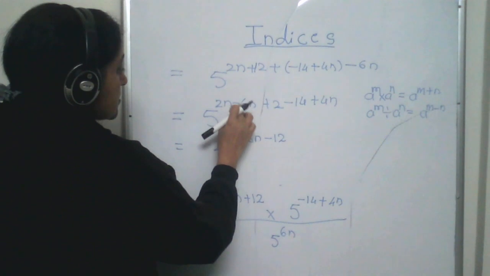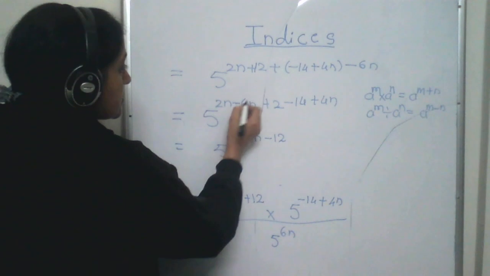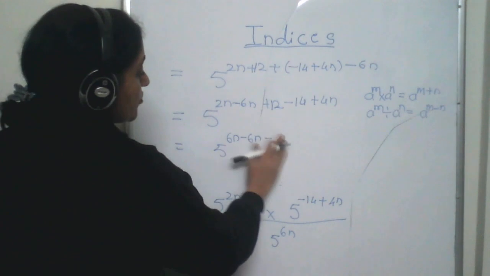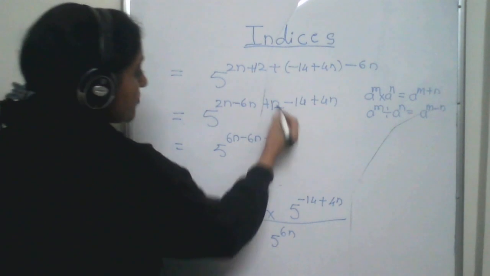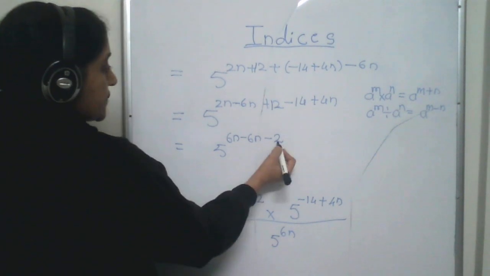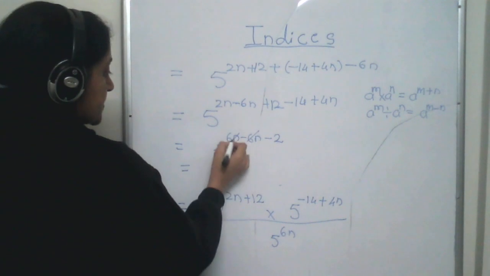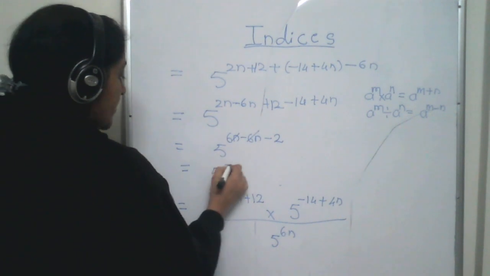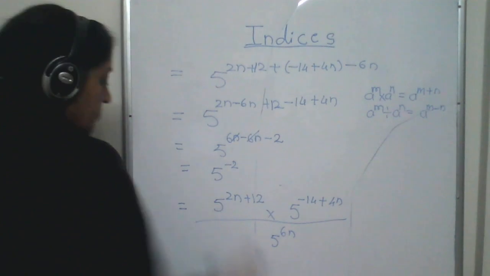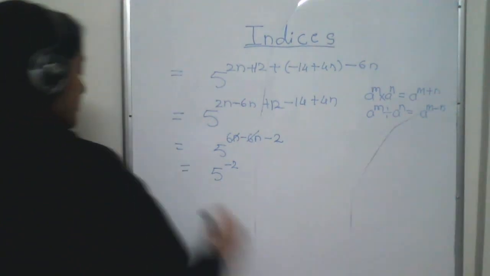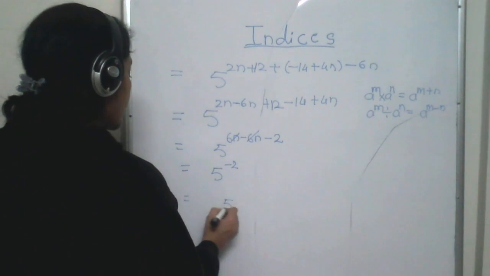Sorry, I missed it. So here this is 12. So it will be what? Plus 12 minus 14 is minus 2. And then you are going to get 6n and 6n cancelled. 5 to the power minus 2. Now 5 to the power minus 2 in the sense, what's that number?